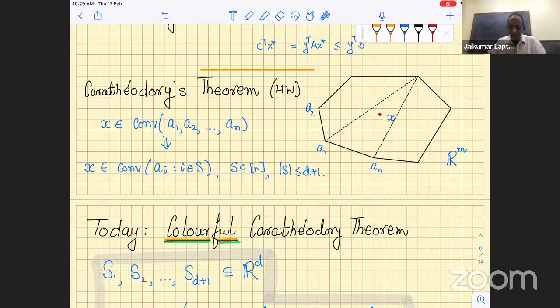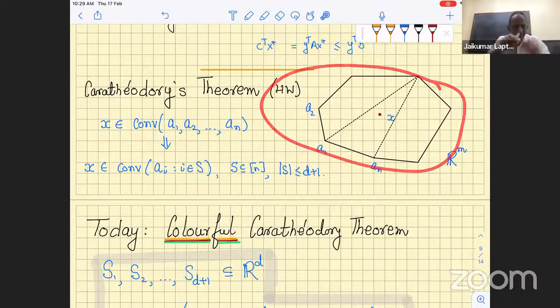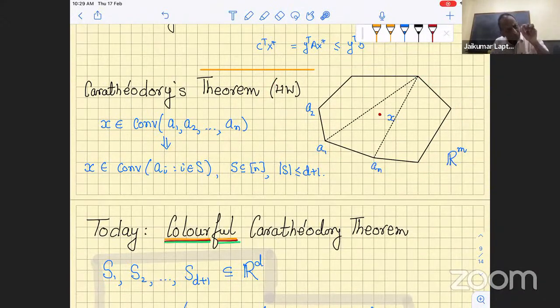So you might have a polygon which has millions of different vertices, but if you take any point inside the polygon, its presence in the polygon is already justified by 3 of the vertices. So the dimension was 2 and you needed 3. Carathéodory's theorem says that this is true in general. So suppose you are in, now my M and D are all messed up.